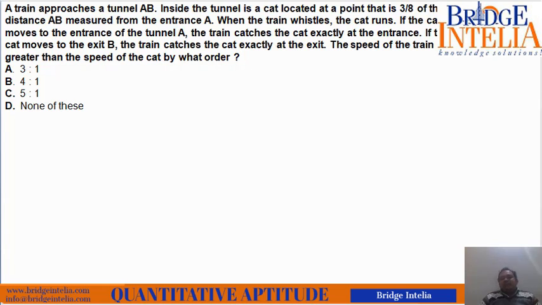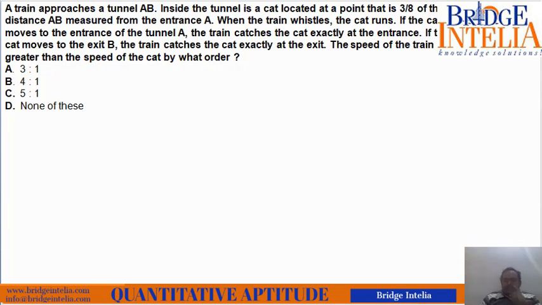If the cat moves to the entrance of the tunnel A, the train catches the cat exactly at the entrance. If the cat moves to the exit B, the train catches the cat exactly at the exit. The speed of the train is greater than the speed of the cat by what order?